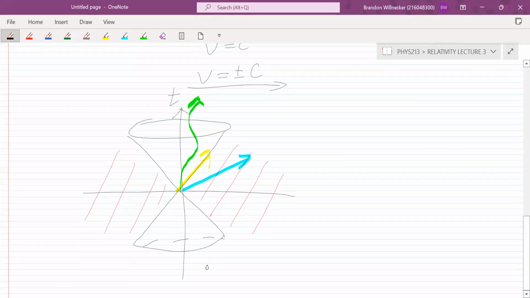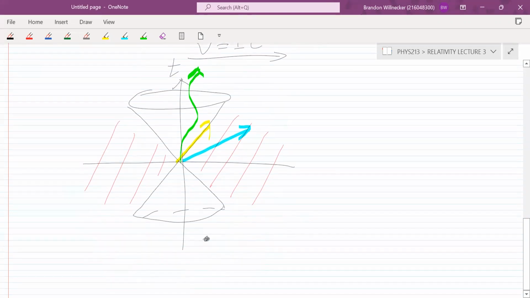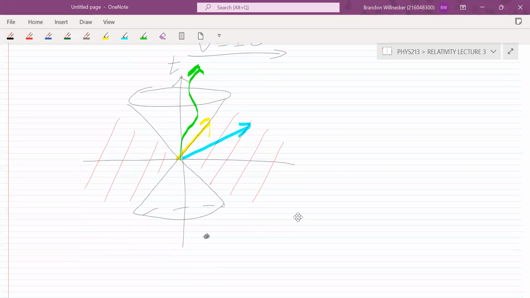So if there's a particle, let's say over here, it must move within its light cone towards the future. So if we draw just a little mini light cone here, it must be heading up something like that, again, within its own light cone, towards its future.